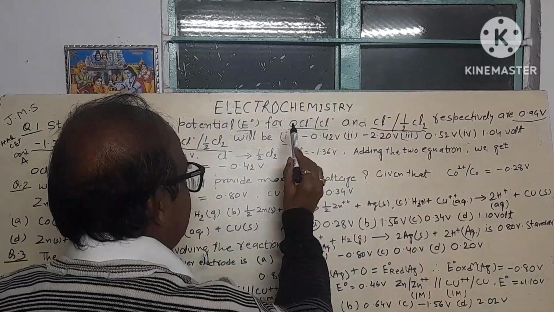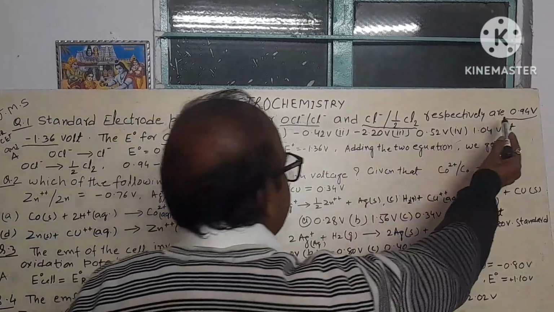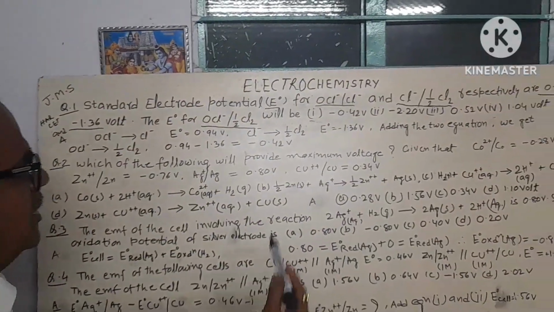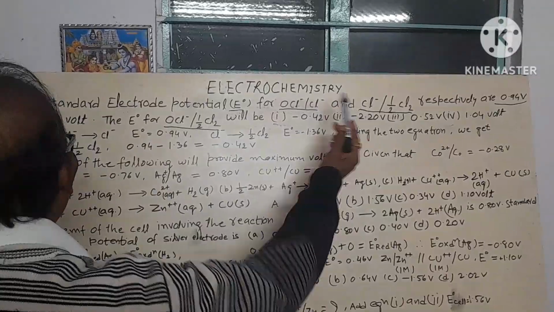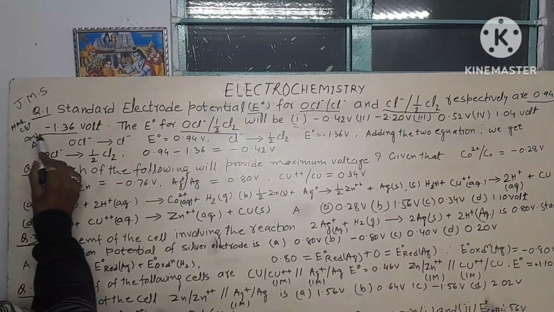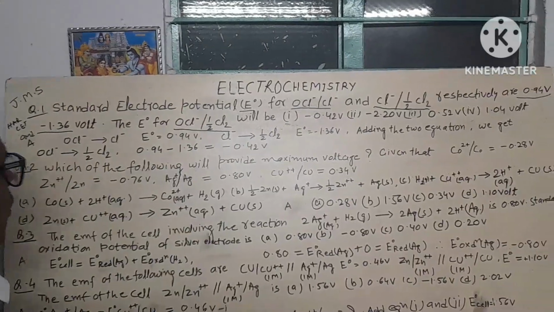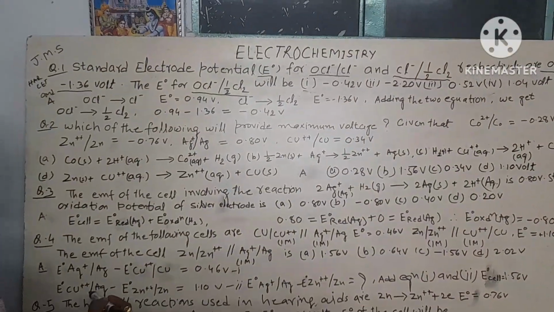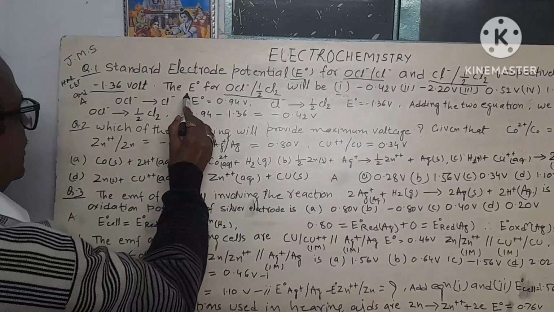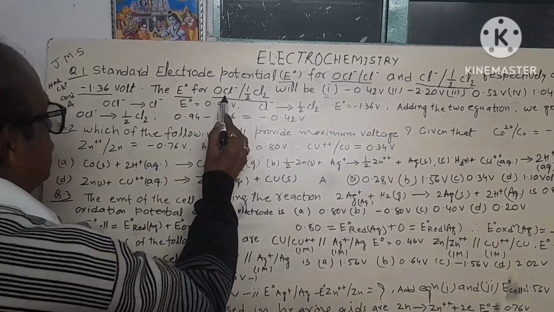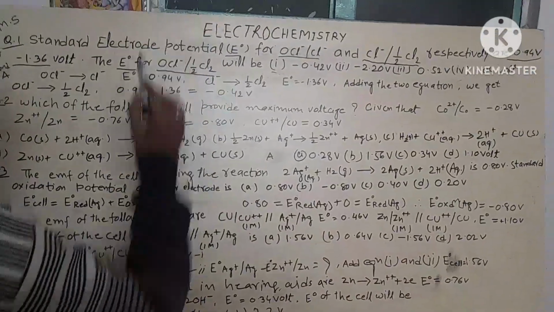For the first electrode, its potential is 0.94 volt, and for the second electrode, its electrode potential is given as minus 1.36 volt, and you have to calculate the standard electrode potential for OCl minus oblique half Cl2.